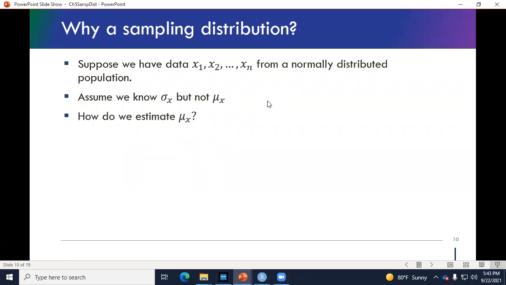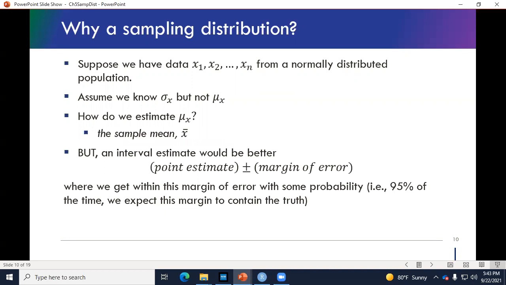Why do we need this sampling distribution? In short, because we want to do inference about the population. When we want to do some inference, we need the distribution to do our calculation.